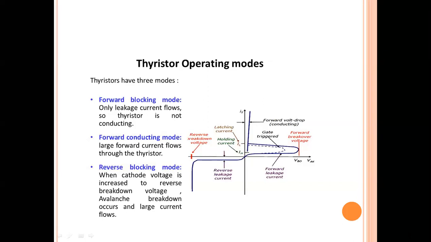So whenever the reverse polarities are connected between the anode and cathode terminals, junction J1 and J3 are going to be reverse bias and junction J2 is going to be forward bias. As junction J1 and J3 are in reverse bias, simply a small leakage current flows through the device.